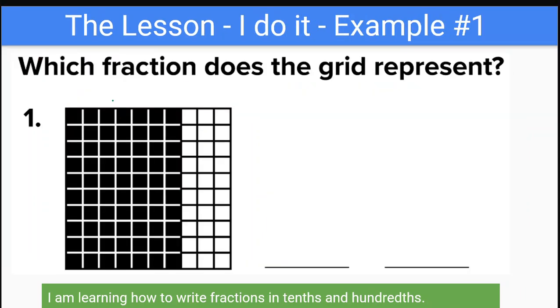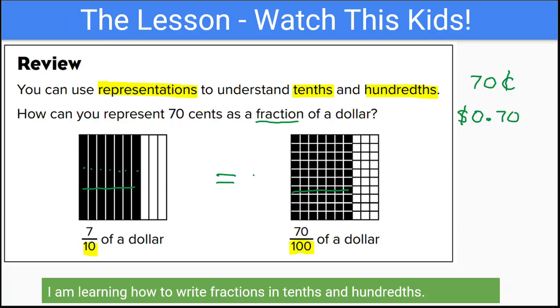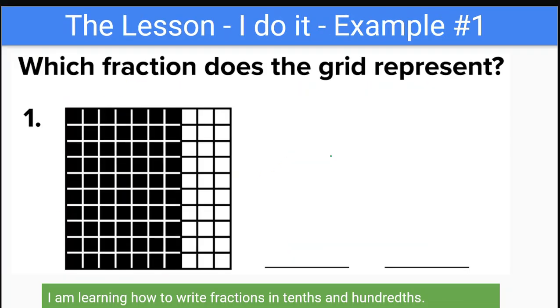It says, which fraction does the grid represent? This is the same thing that they just showed you back here, didn't they? They have this written as 70 hundredths, and you could have also said that this is 7 tenths.